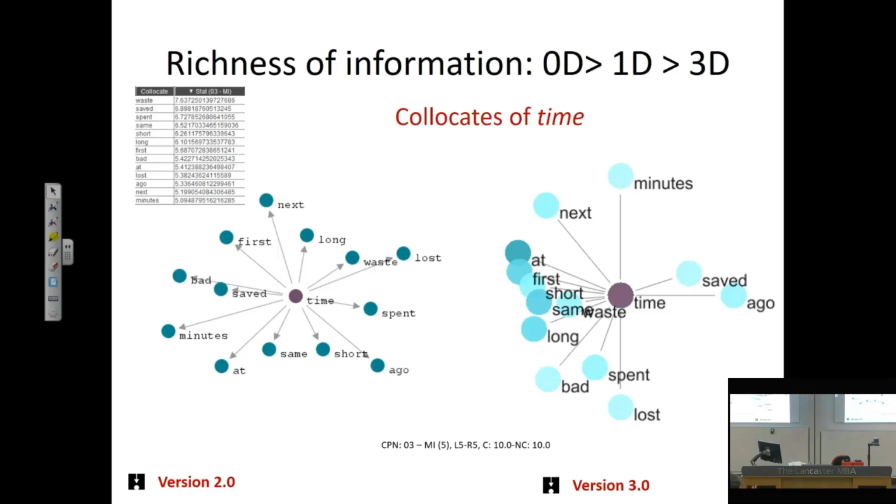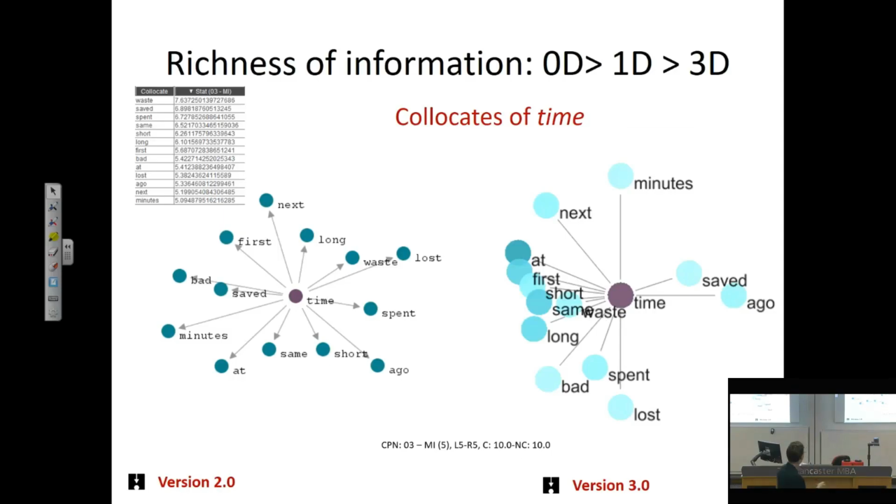And the third dimension, and that's why I'm pointing to 3D, is actually the position of the collocate relative to the node. Because as you know, in text, some collocates appear before the node and some appear after. And some appear sometimes before and sometimes after.